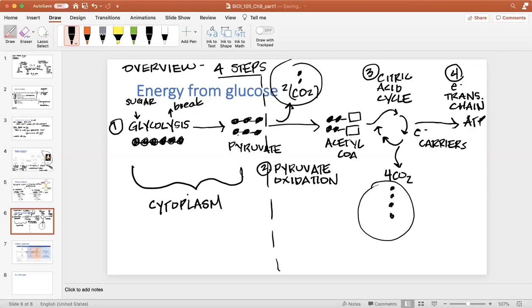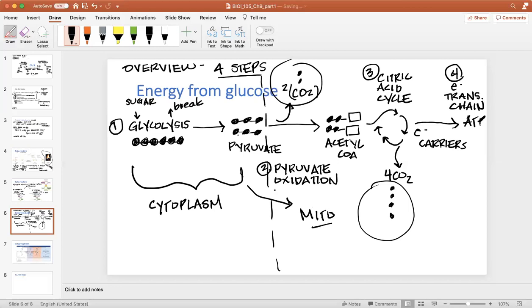So the enzymes to make these processes occur all exist in the cytoplasm. But once we get to these 2 3-carbon sugars called pyruvate, the pyruvate gets moved into the mitochondria.